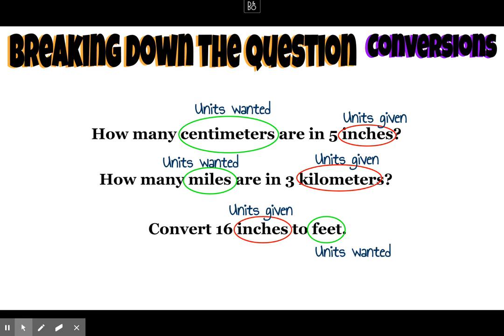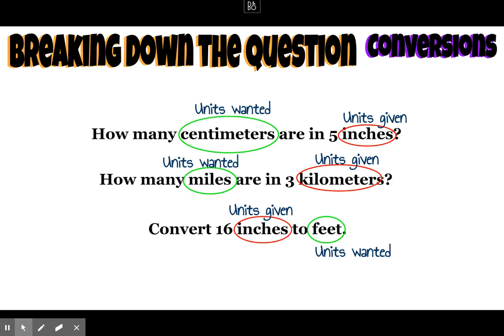So breaking down the question, I want you to always think of the units that are wanted and the units that are given. So let's take a look at each of these questions and statements. Our first one here, how many centimeters are in 5 inches? We know we want to get to centimeters, but what were we given to start with? 5 inches.